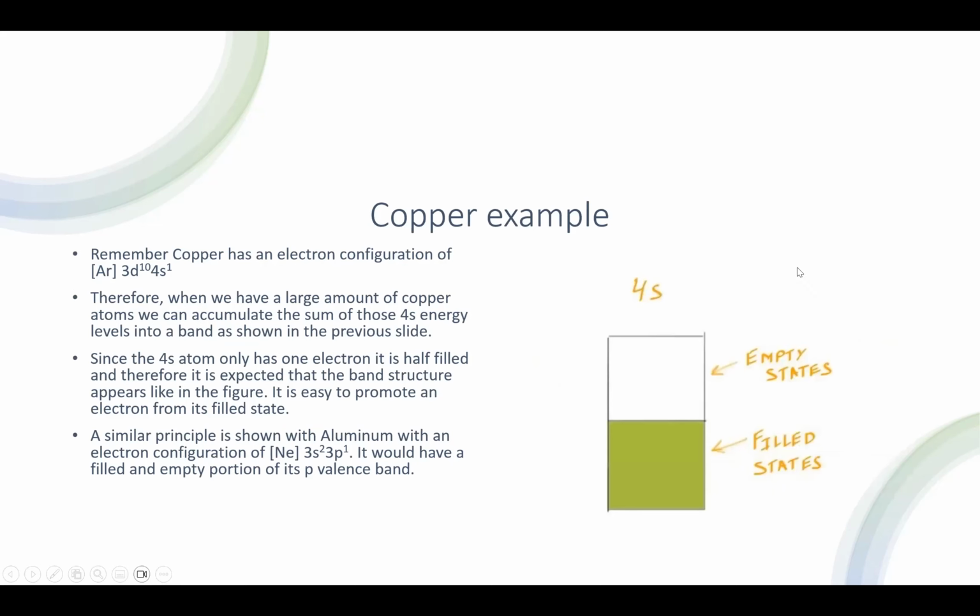For the example of copper, we remember copper has an electron configuration of argon 3d10 4s1. Therefore, when we have a large amount of copper atoms, we can accumulate the sum of those 4s energy levels into a band as shown in the previous slide.